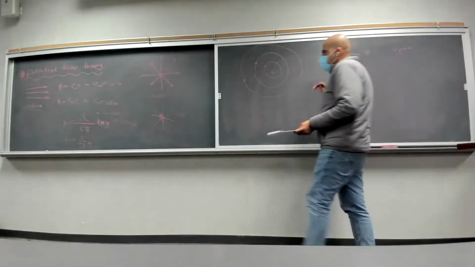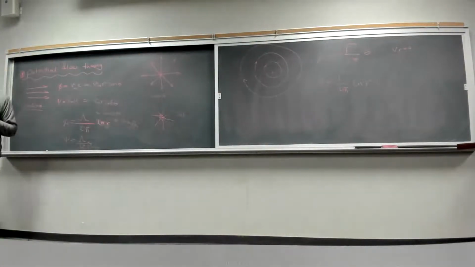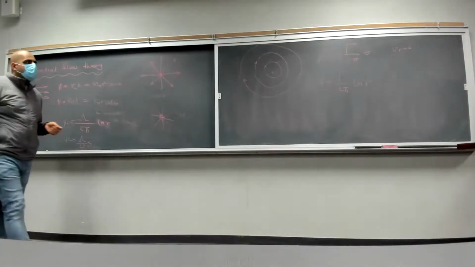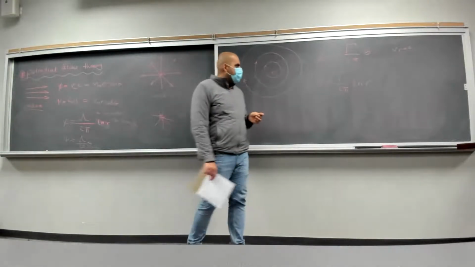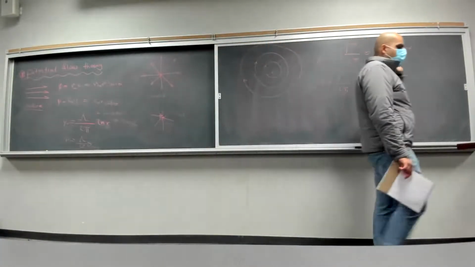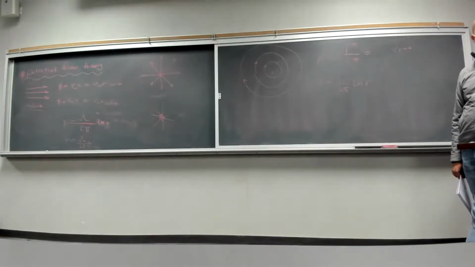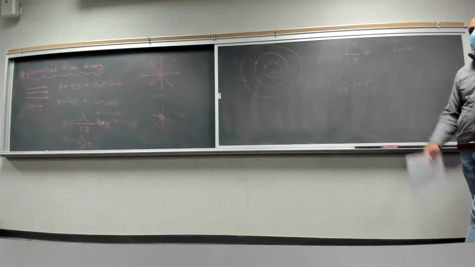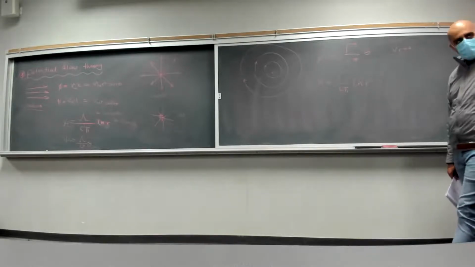What is V theta? You can use either of these to find V theta. What was the formula we had for V theta? Let's go for phi here. How can we find V theta using velocity potential? Does anyone remember? Or you can go back to your notes. Negative partial psi by partial r.